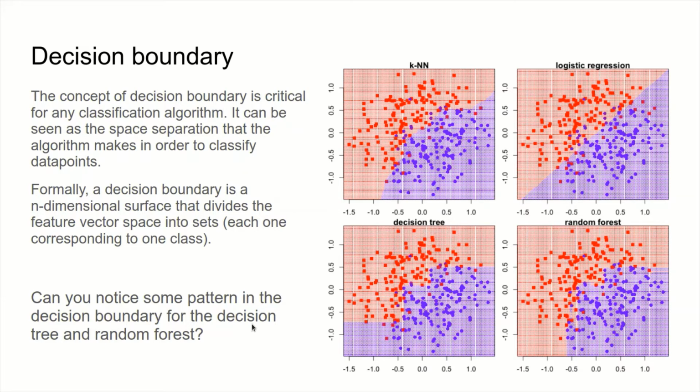What pattern can you observe from this decision boundary? Okay, I know what you're trying to say. You're saying that effectively, notice that the decision boundary is like we're making either vertical or horizontal lines through the data.